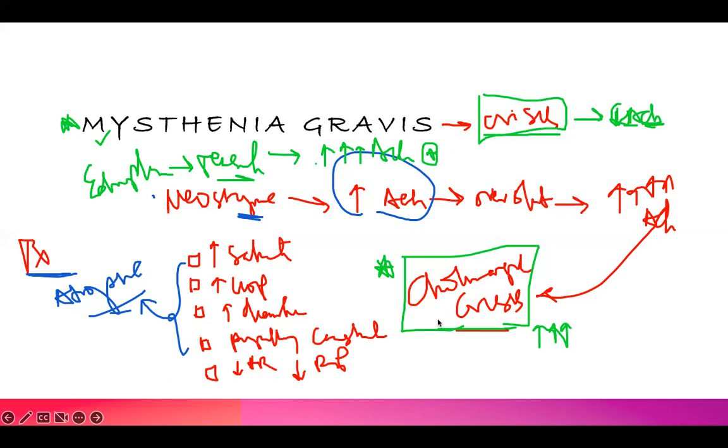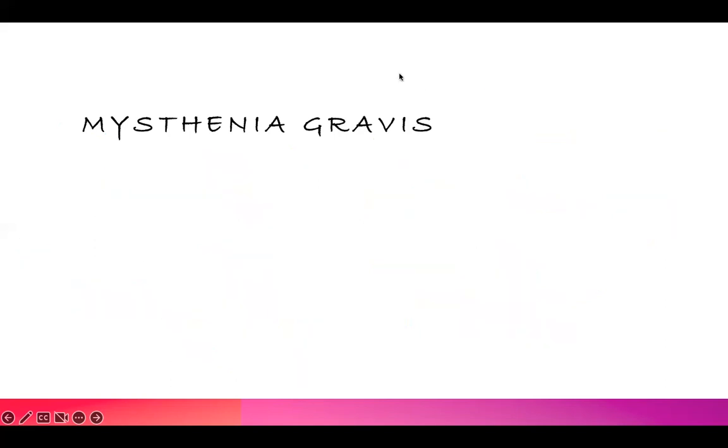Their symptoms will get worse and worse. You should keep asking yourself, going in circles like this. That's how they're going to ask you. So that's everything about myasthenia gravis, and if you understand this, there's no question that will beat you.